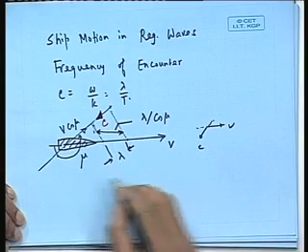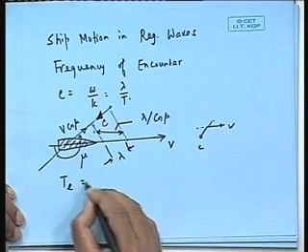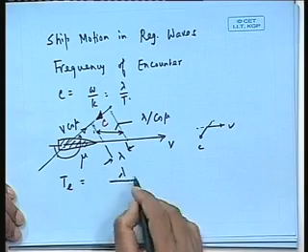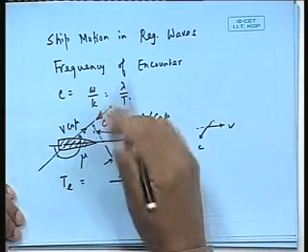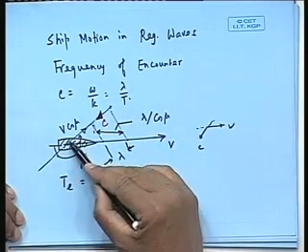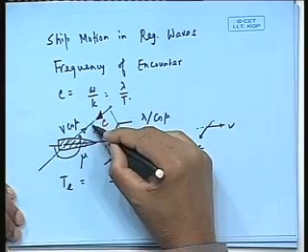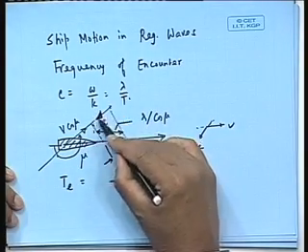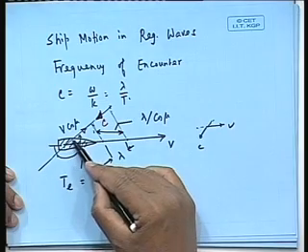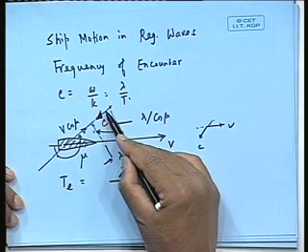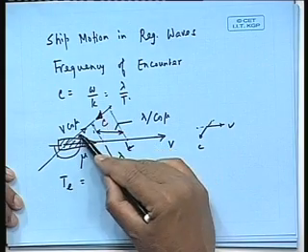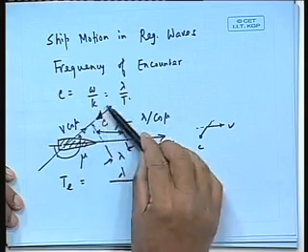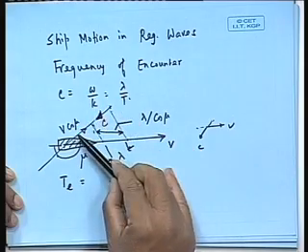Now, Te, what we call the encounter period, is how the ship is encountering two crests while traveling in two directions. If you sit on the ship, the relative speed of the wave is c minus v cos mu in this direction.